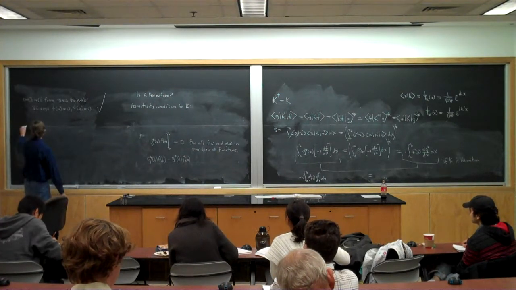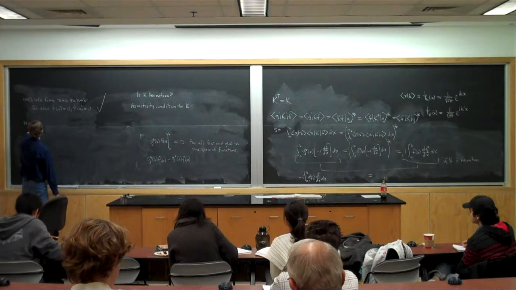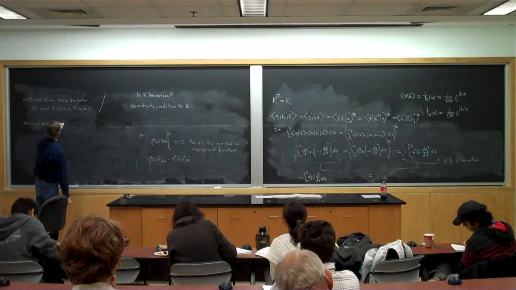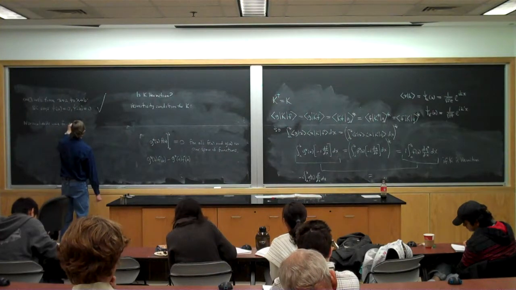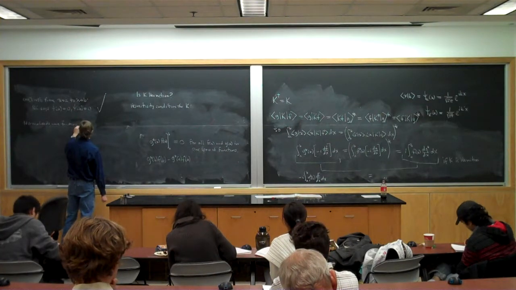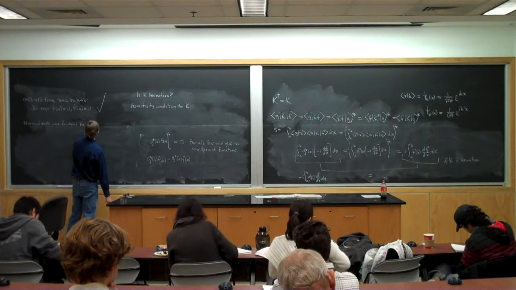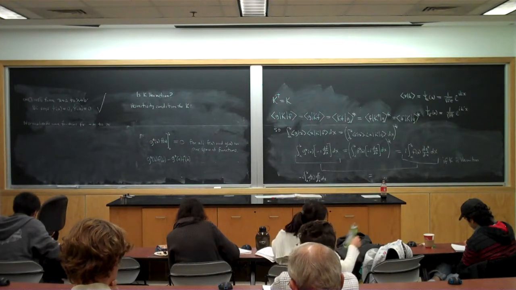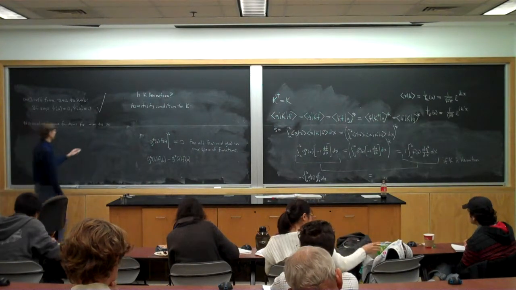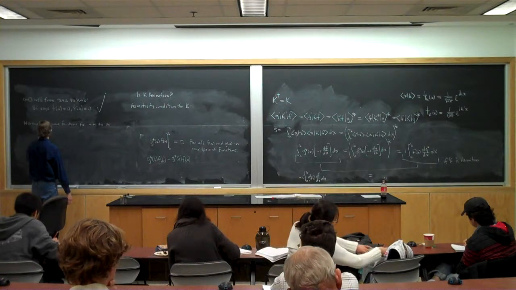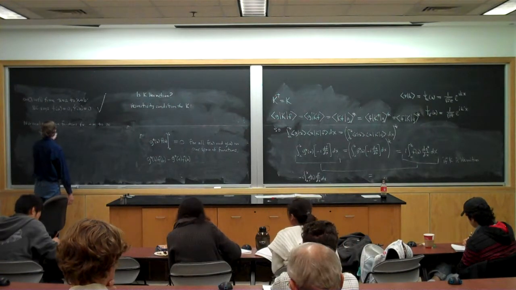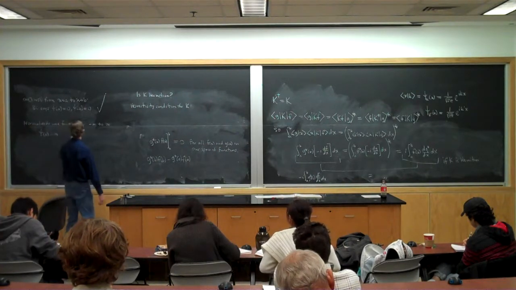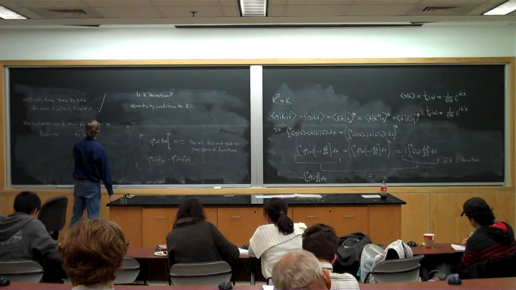If we have normalizable wave functions from minus infinity to infinity, let a be minus infinity and b be infinity, then we know that psi of x goes to 0 as x goes to plus or minus infinity.